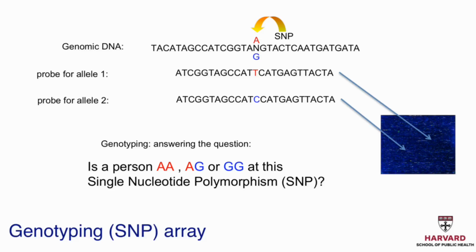So that probe will be much higher than the second one, and that will tell you that it's an AA. If you're an AG, you'll have both, so they'll be about the same, and that'll tell you it's an AG. And if you're a GG, the second allele will have a large intensity, while the first one will not.